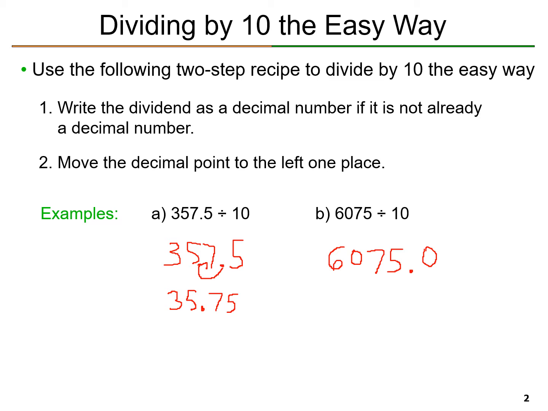In step 2, move the decimal point to the left one place. So we move the decimal point right here, and the answer is 607.5. That's all there is to it. Let me go ahead and erase this.